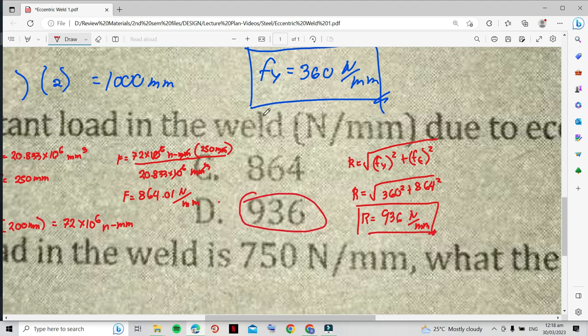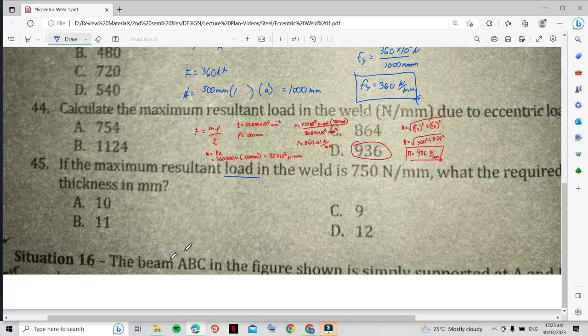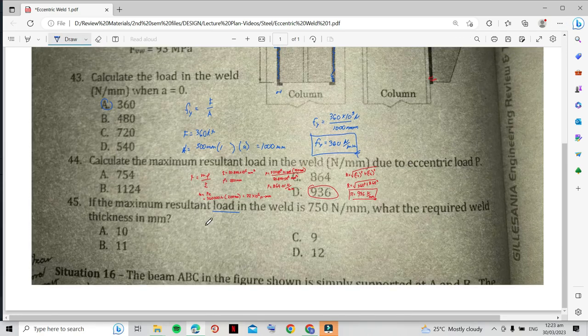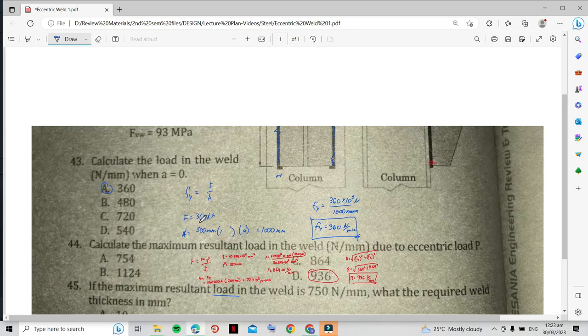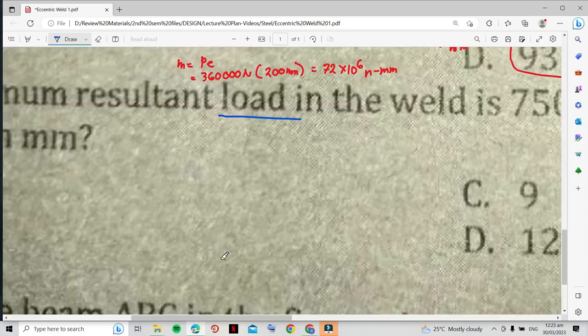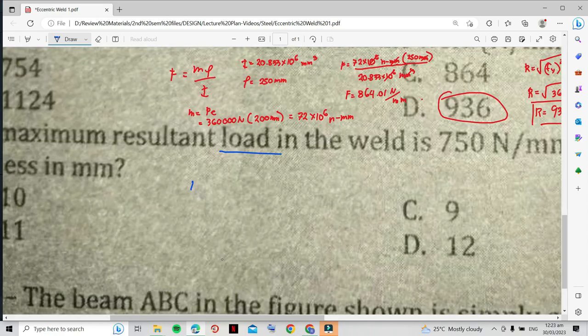For the third question, the maximum resultant load in the weld is 750, and we are asked for the required weld thickness. Force is equal to stress of the weld times area of the weld. We have force P equal to 750.